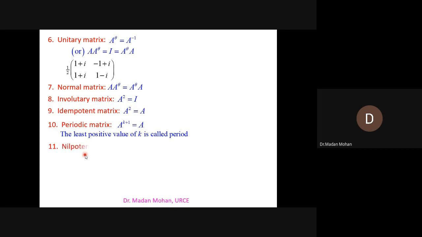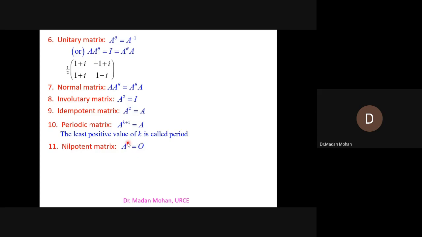Next. I know idempotent, now nilpotent. Nilpotent: suppose A power k equals the 0 matrix. Suppose a matrix A is given, and you are finding A square, A cube, A power 4, A power 5 and so on. If you get the 0 matrix, such a matrix is said to be a nilpotent matrix. Suppose A power 5 is 0, automatically A power 6 is 0, A power 7 is 0.